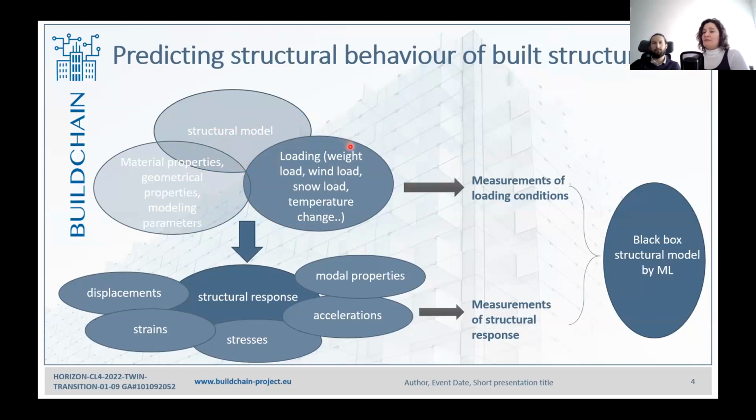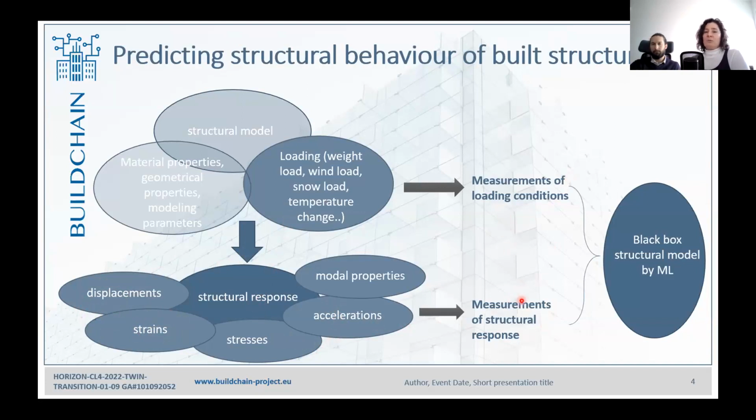Let's suppose that we can actually measure the loading that is influencing the structural behavior, and we can also measure the structural response itself. Let's say we can put some sensors on a bridge or on a building and measure the displacements or the strains, what's happening with the building, or measure the eigenfrequencies and the eigenmodes, as Uros explained.